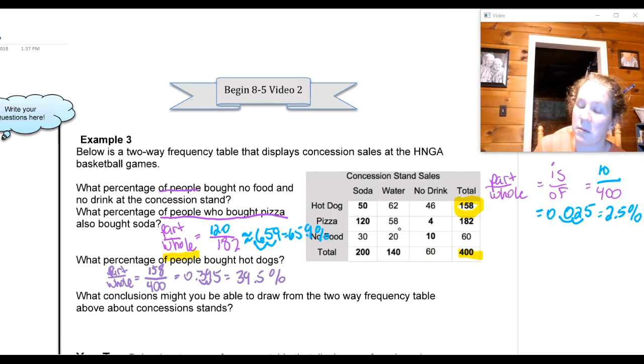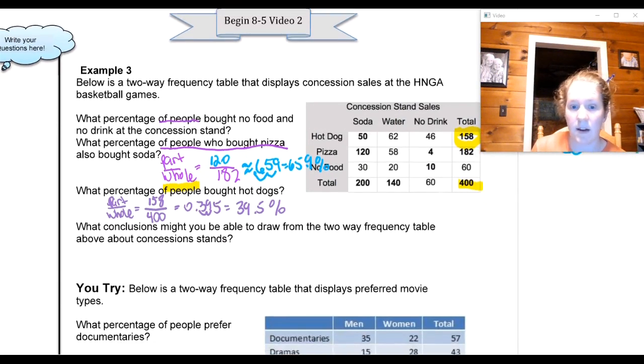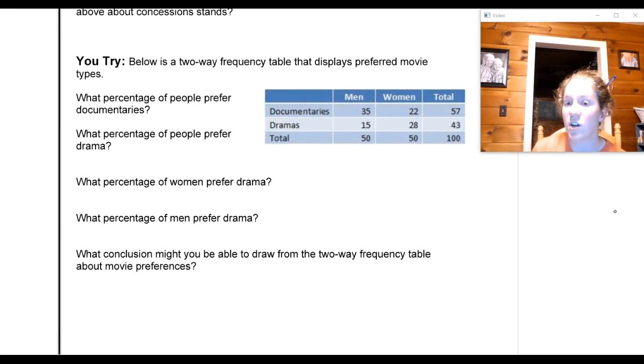Same thing, you're there for some food, so people like pizza more than no food or hot dog, although it's not quite as drastic as the soda versus water situation. But there's lots of different conclusions you can draw, and that's going to vary depending on what you want to say about it.